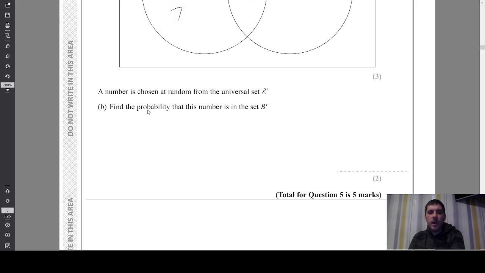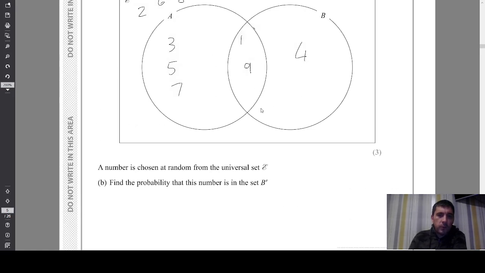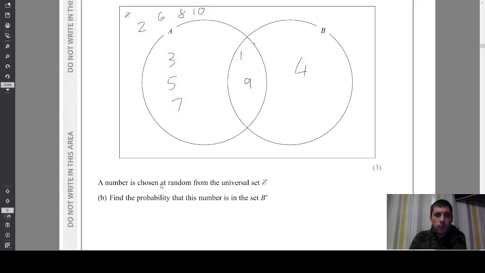So find the probability that this number is in the set B not. Okay, so we are looking for the number which is outside our set B. How many of these numbers can we see? We can use all of the numbers except 1, 4, 9. So let's check, we can use 1.